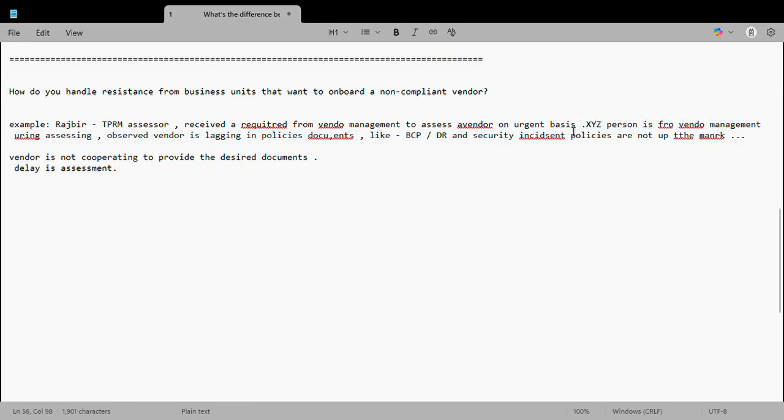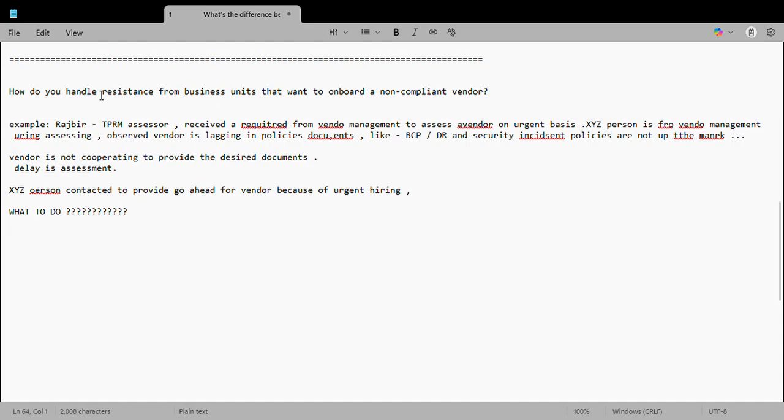Then XYZ person from vendor management contacted you to provide a go-ahead for the vendor because of urgent hiring. But the assessment is not completed yet because the vendor needs to provide two documents. So in this case, what to do?